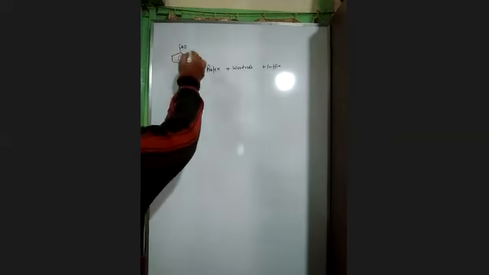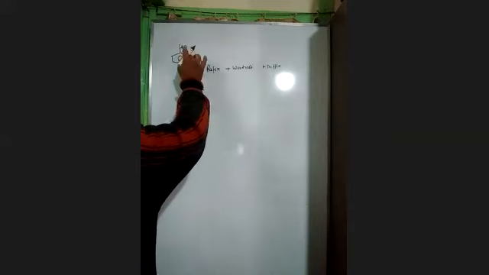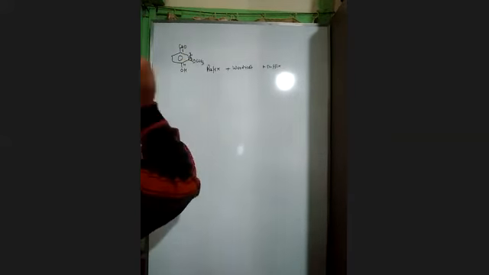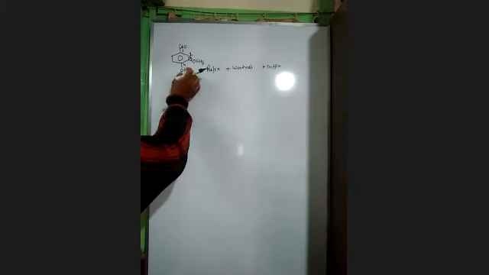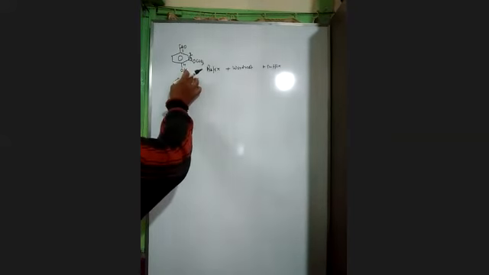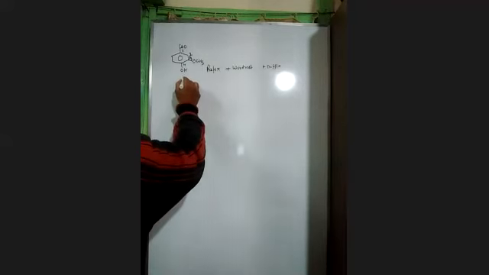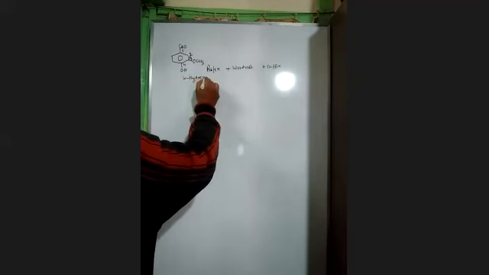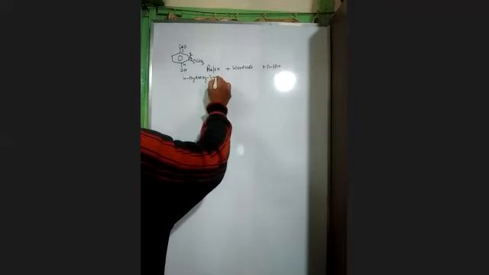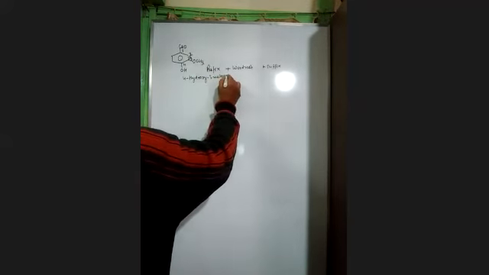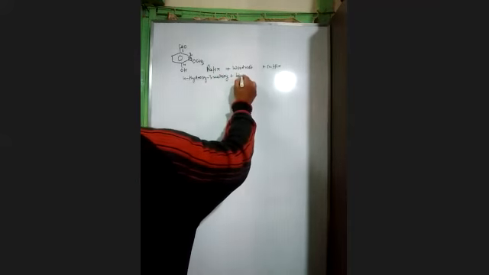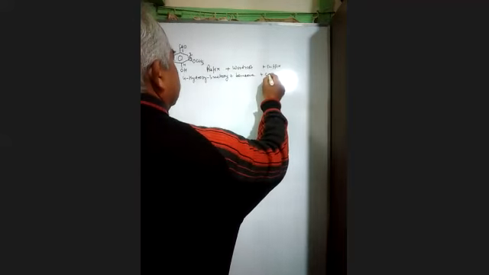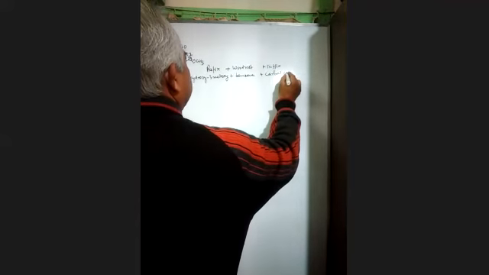Now it will come alphabetically. 1, 2, 3, 4. See, this also we are considering as a substitution, this also as a substitution. Now we have to arrange them in order of alphabets. So it will be 4-hydroxy 3-methoxy benzene carbaldehyde.